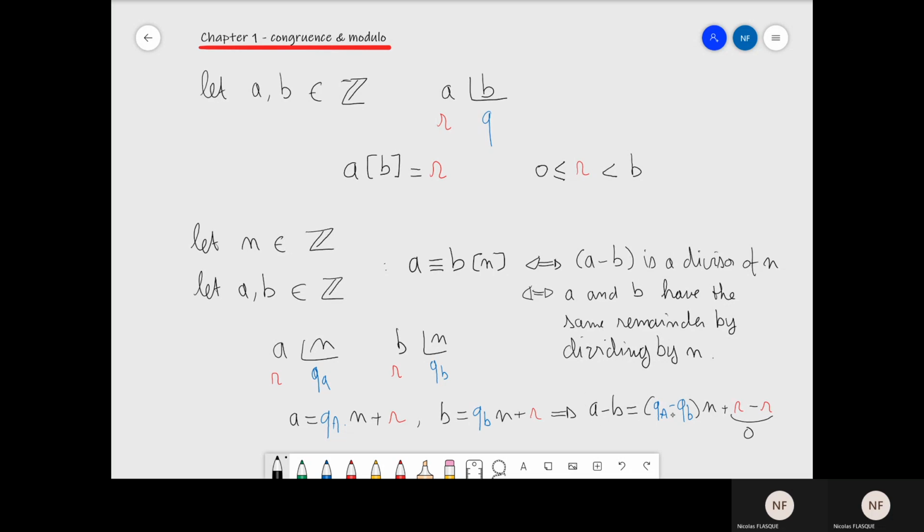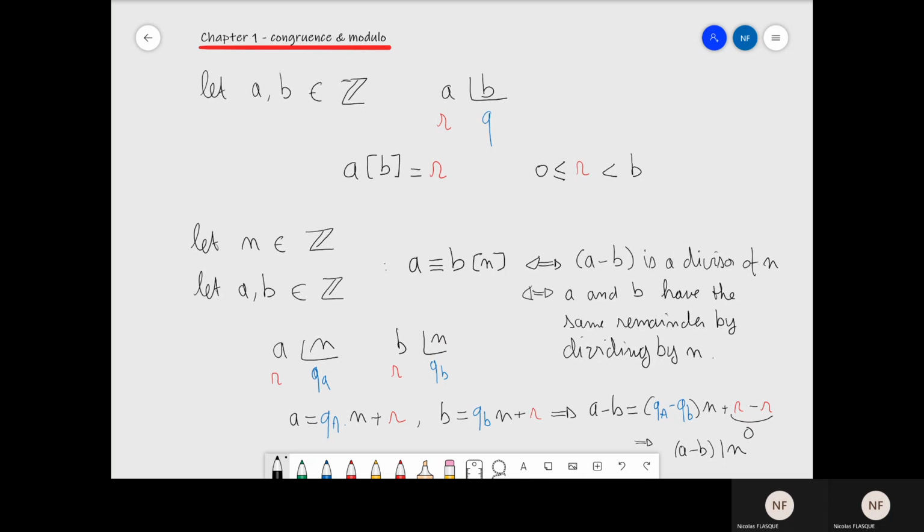So now A minus B is some integer number times n. This means that actually A minus B is a divisor of n.